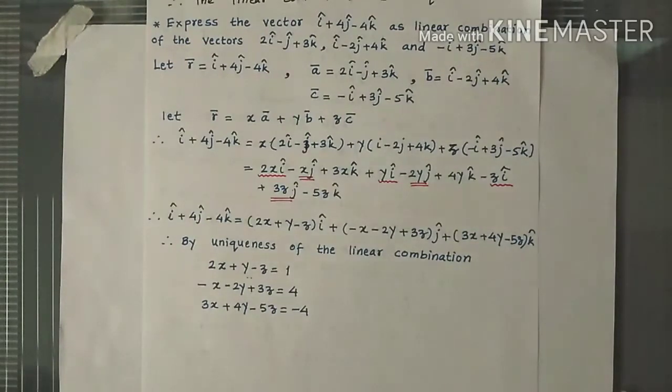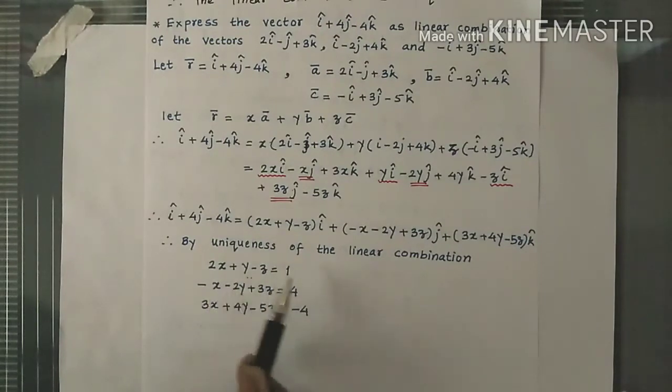Now the question is how to solve these equations. There are various methods. You can use any of the methods. By matrices also you can solve this and find the values of x, y and z. Or from the second equation we can write x in terms of y and z.